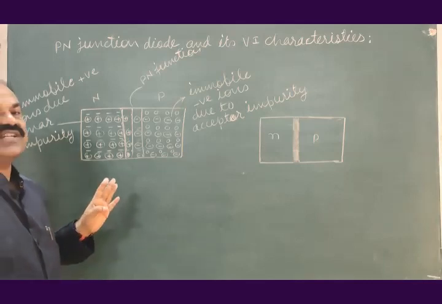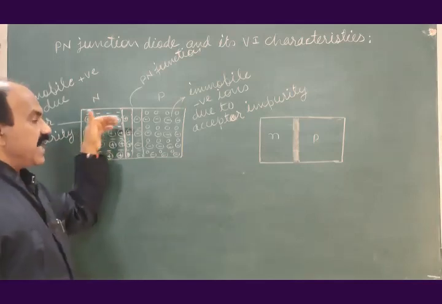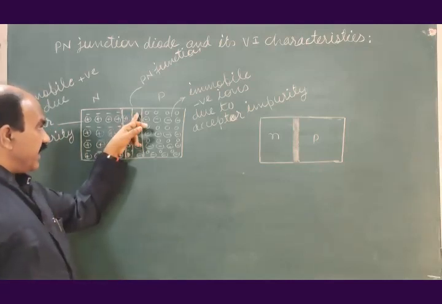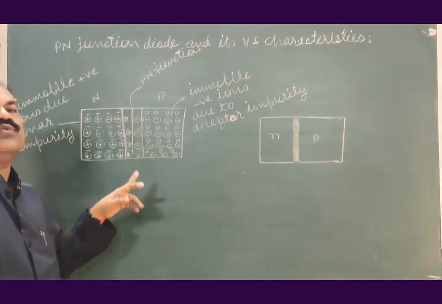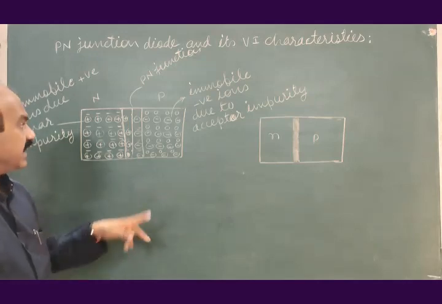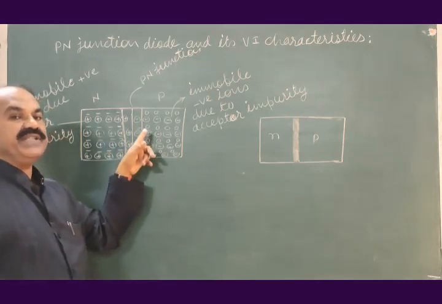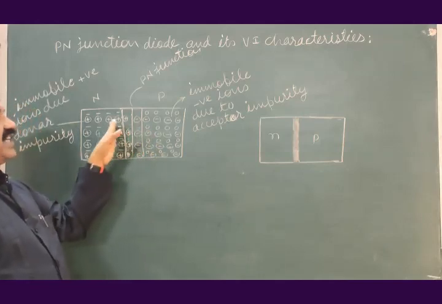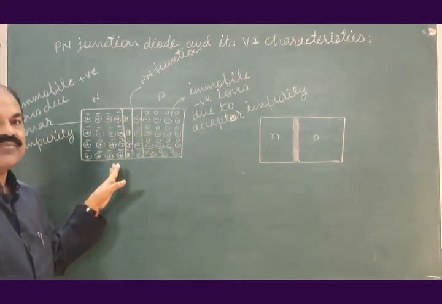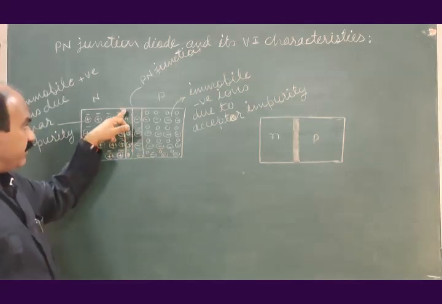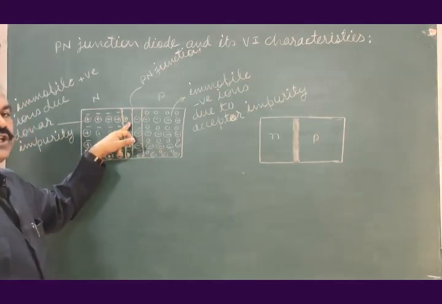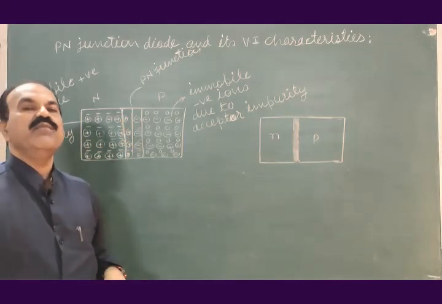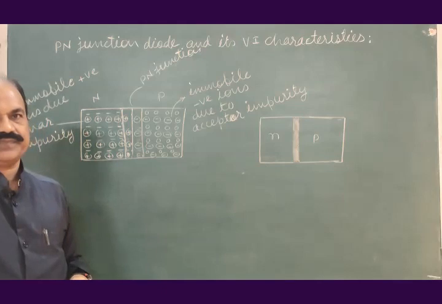The electrons which are trying to cross the junction and enter into p type will be repelled by this negative field. Any of these holes from p type that try to cross the junction and enter into n type will be repelled by the positive field formed by these immobile positive charges.